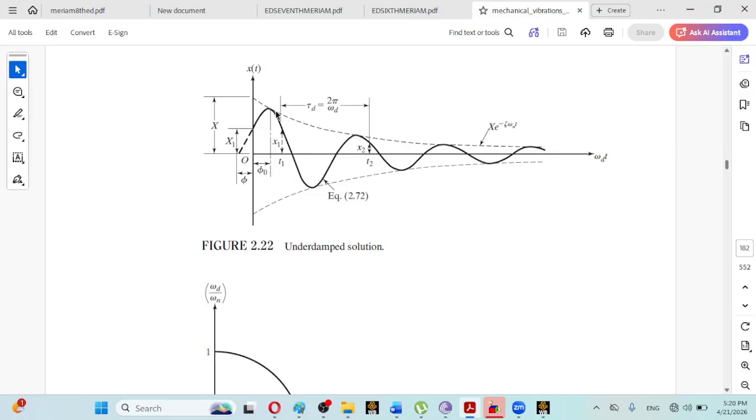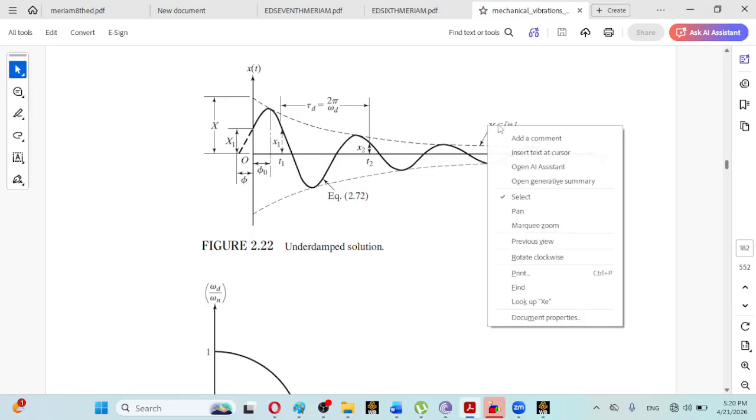So this curve is controlling the peaks of the damped oscillation. As you can observe here, the author has used it with the arrow symbol highlighted here, that X e to the minus damping factor omega n t. So the term X e to the minus damping factor omega n t is controlling the peaks of the damped oscillations.